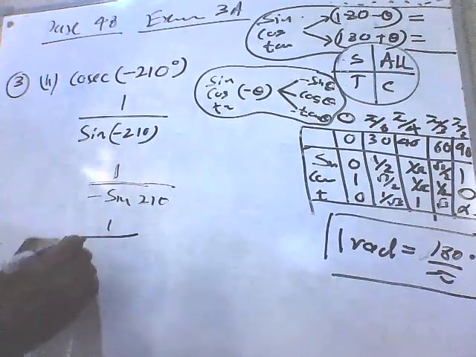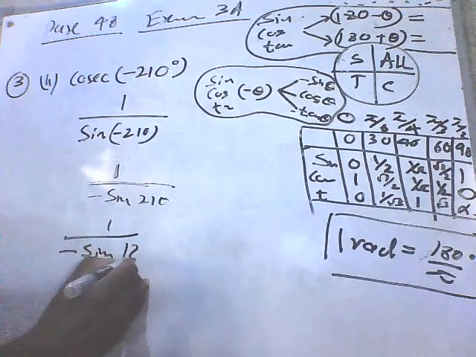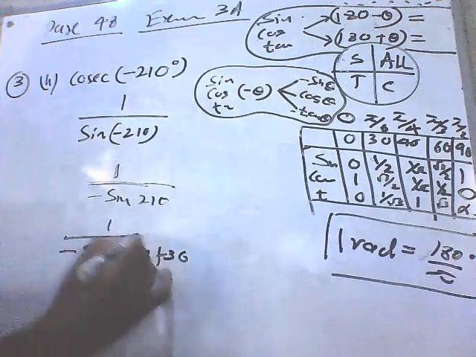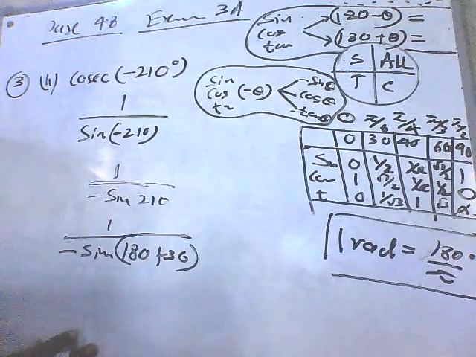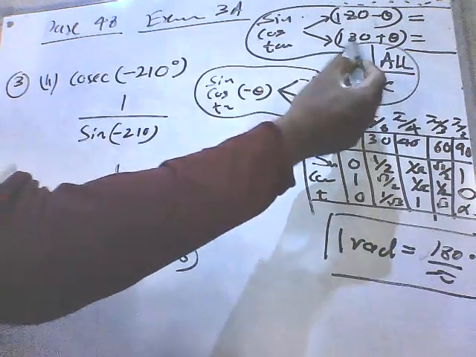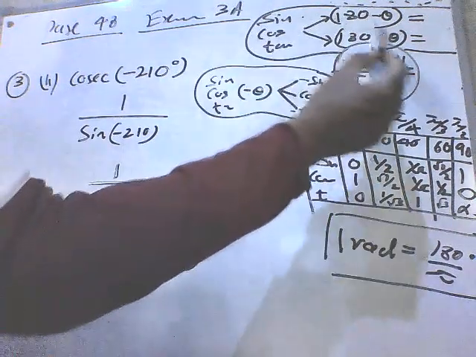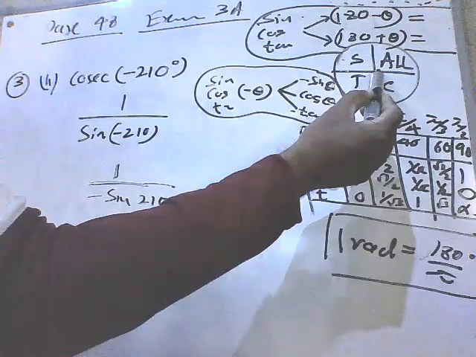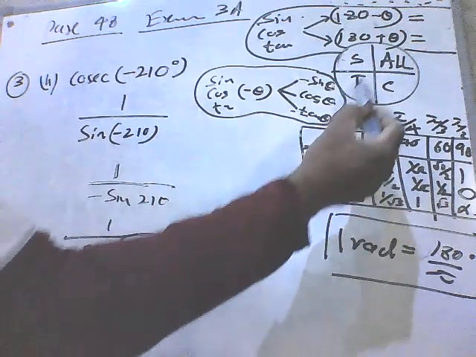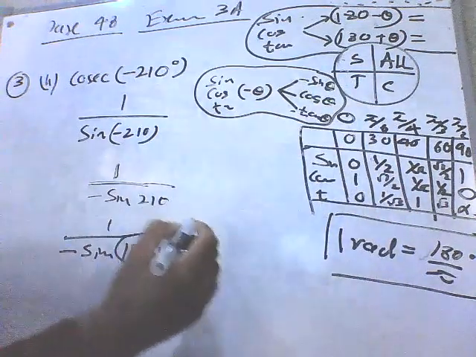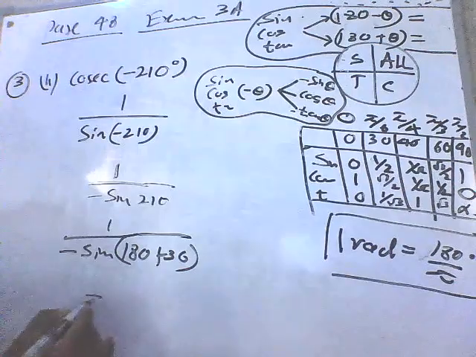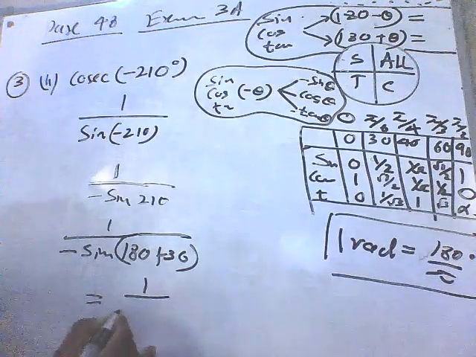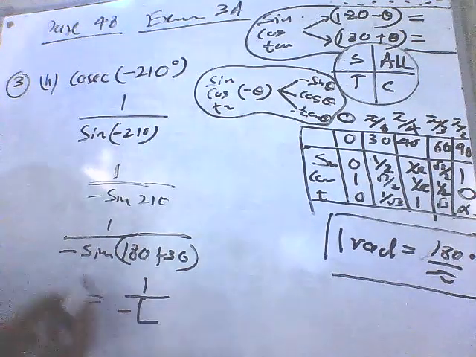again minus is already there, sine 180 plus 30. Then we come to this situation, sine 180 plus 30, so it is a negative value. So this comes to, I will write it here, 1 over minus, and I will open a bracket.